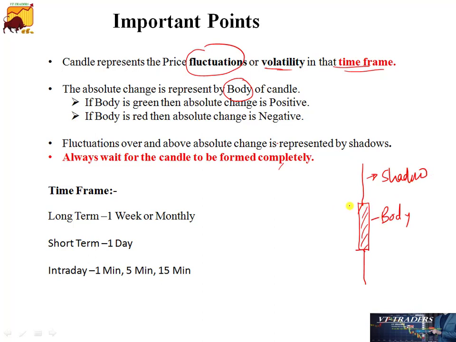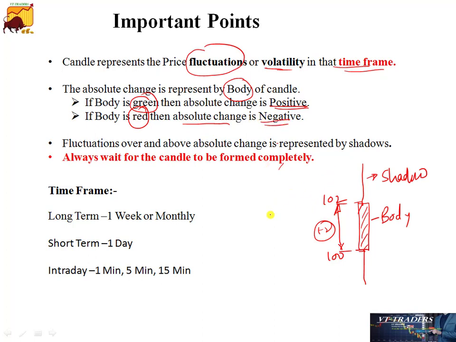So the absolute change in the price is shown by the body of the candle. If the body is green, then the absolute change is positive, that is 100 to 102. If we take the difference, it is a positive value of 2. If the body is red, then the absolute change is taken as negative.